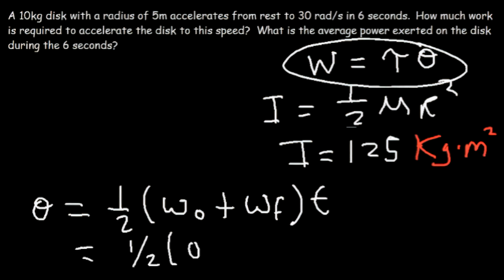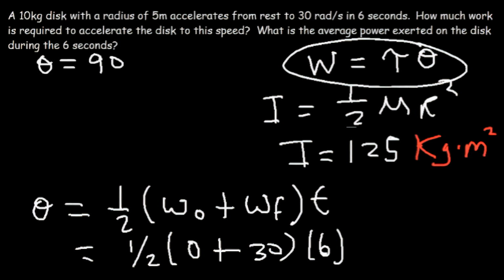The initial angular speed is 0, the final is 30, and the time is 6 seconds. Half of 30 is 15, and 15 times 6 is 90. So the angular displacement is 90 radians.